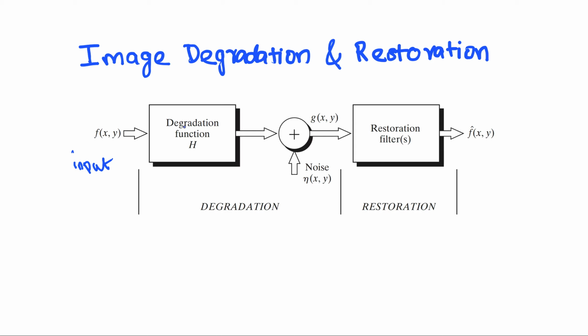Such things can be modeled with a mathematical function as the degradation function. It can also be written in the spatial domain as h of x comma y, where this H is the DFT of this small h. So you can apply a certain degradation function h of x comma y to the function f of x, y.